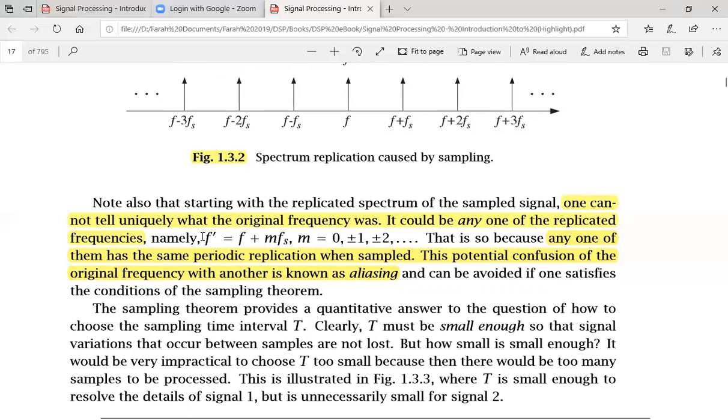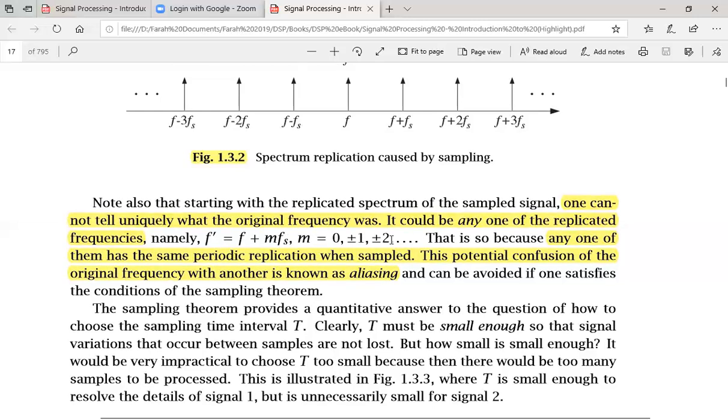It means you have a complete, infinite set of frequencies, and in this we are just adding and subtracting integral multiples of fs.